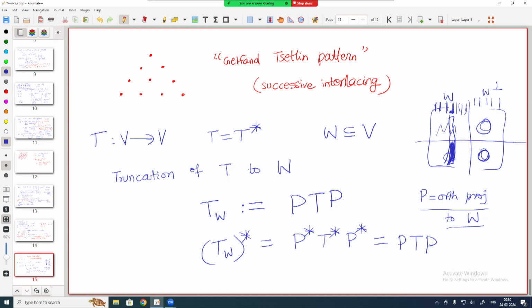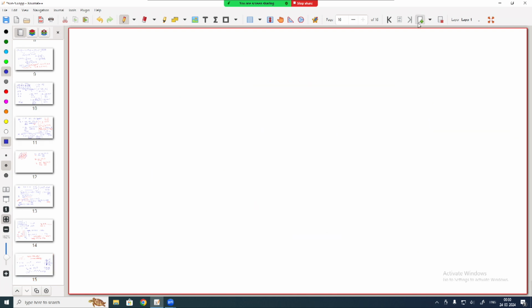Now the theorem. Maybe I will not prove it, but it just comes, for example, from Cauchy interlacing.